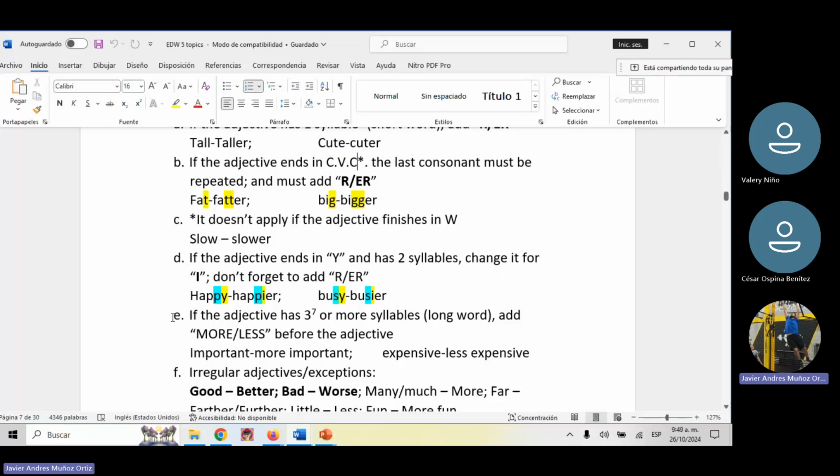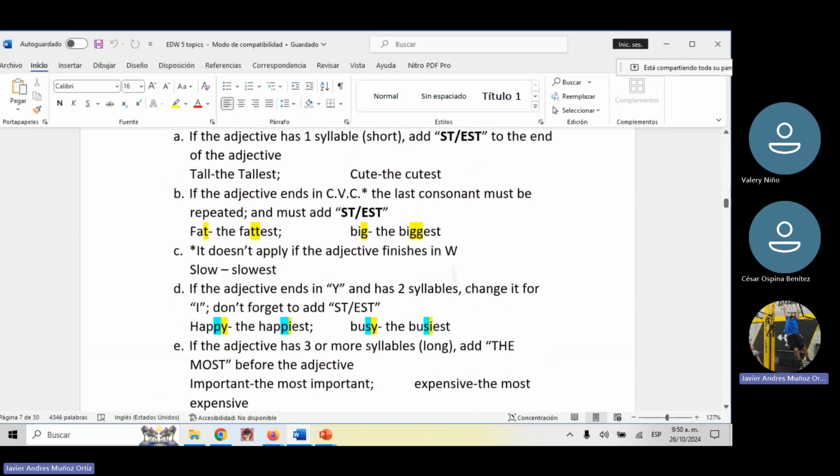For example, before we add ER and EST for comparative and superlative adjectives, of course. For example, fat, consonant, vowel, consonant. That's why we double the last T to create the comparative. And to create the superlative, we do something similar. We double the last T, the last consonant, and we add EST.